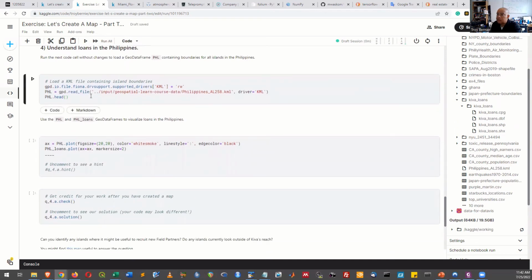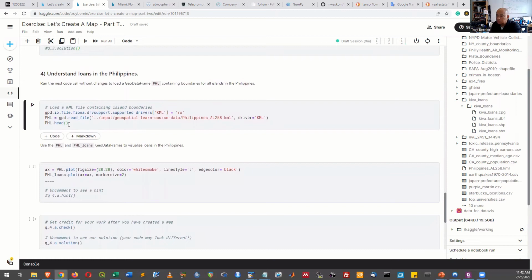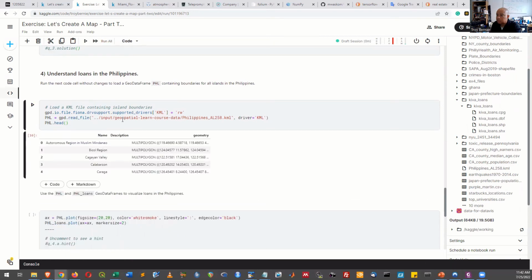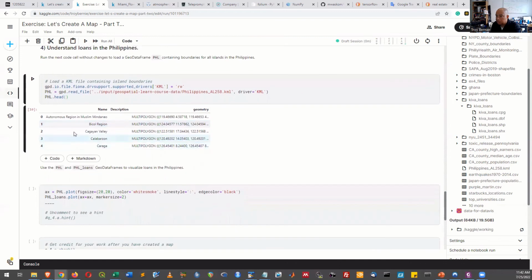Next here, GeoPandas is reading this KML file. Okay. So this is creating a shapefile. These are the multi-polygon shapefiles of those regions. And we're just looking at the first 5 lines.